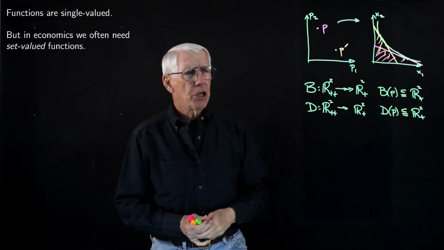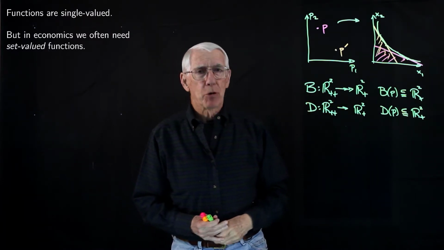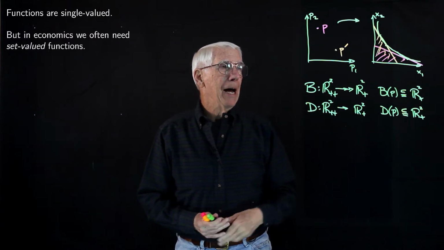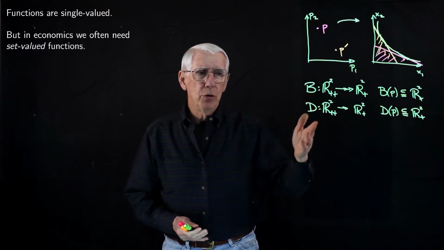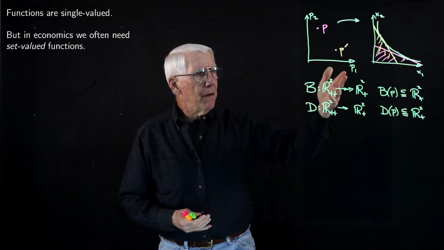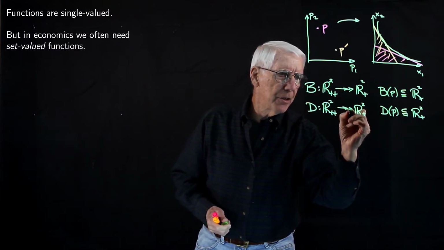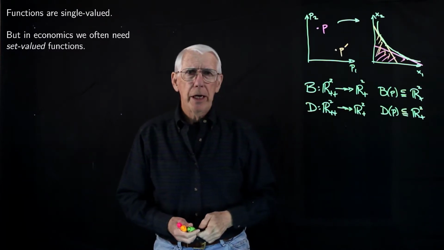So there's just two prominent examples in consumer theory that you will see where we need to use set-valued functions. And of course I should add here that this should have this double-headed arrow here.